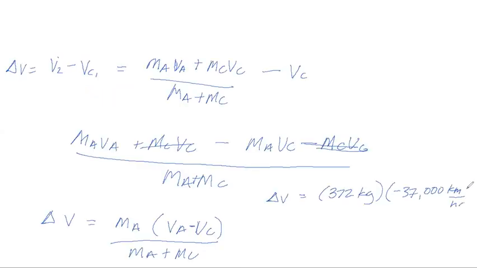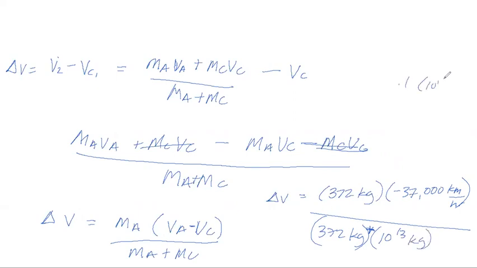So that's this guy, the impact speed, divided by 372 kgs plus 10 to the 13th kgs. That's 0.1 times 10 to the 14th. That's what that is. And then the answer is going to be negative 1.4 times 10 to the negative 6 kilometers per hour. All right, and that's part A.